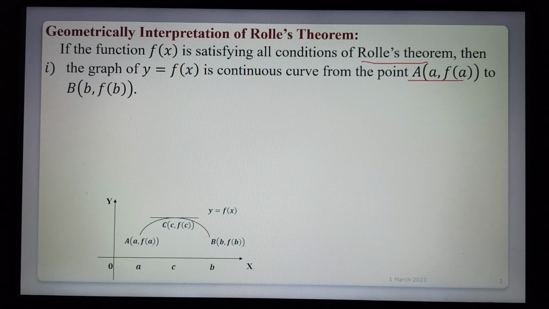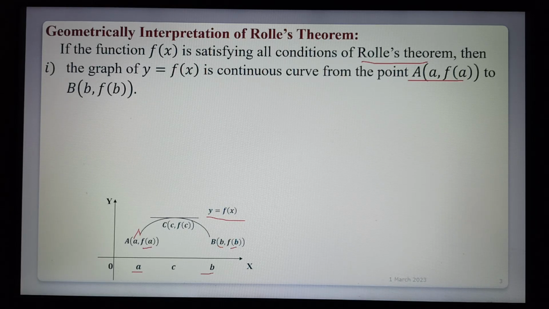See here: let y = f(x) be a curve. This is the graph of y = f(x) defined from a to b. Here the points are (a, f(a)) and (b, f(b)). Here the x-coordinate is a, the y-coordinate is f(a); the x-coordinate is b, the y-coordinate is f(b).